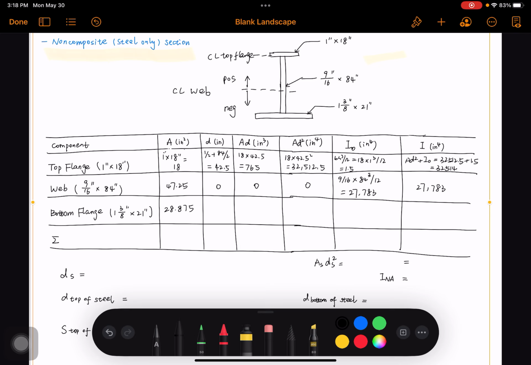So now I come to D for the bottom flange.